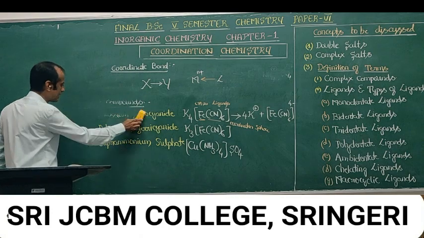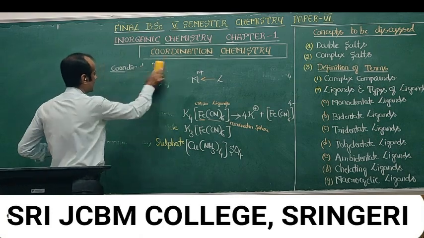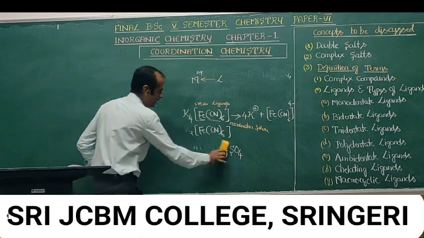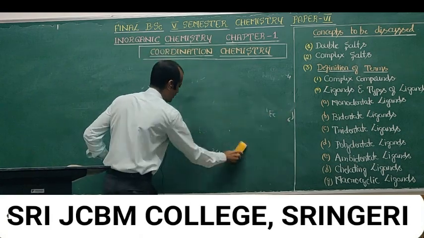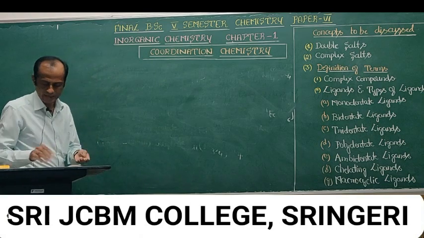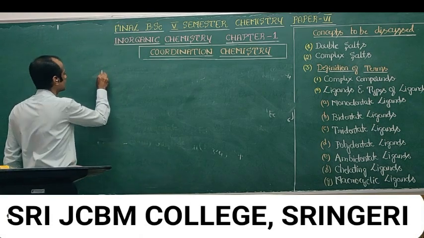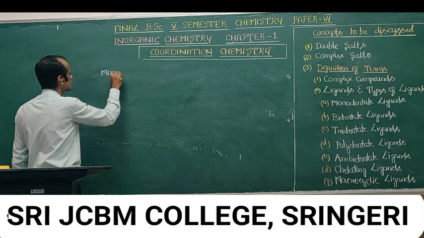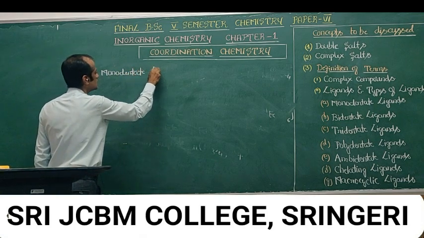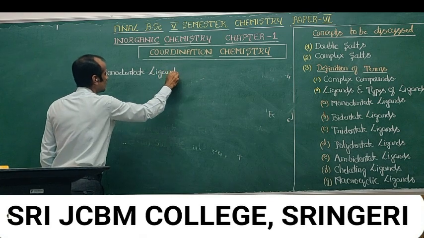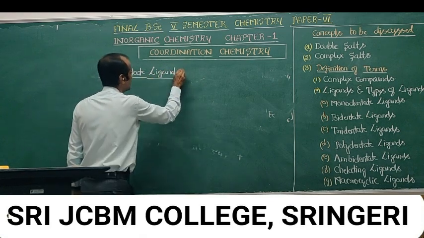Now let us consider a monodentate ligand. A monodentate ligand is also called a unidentate ligand.